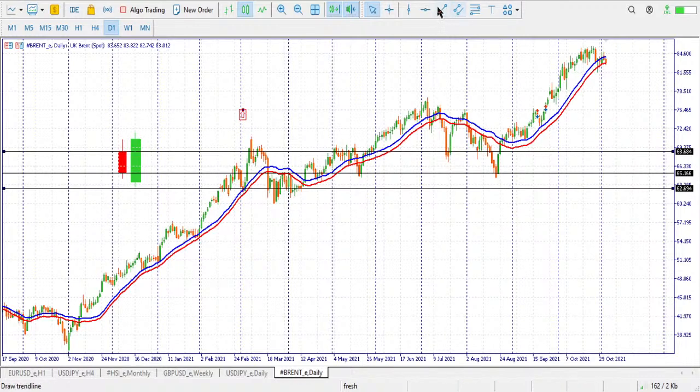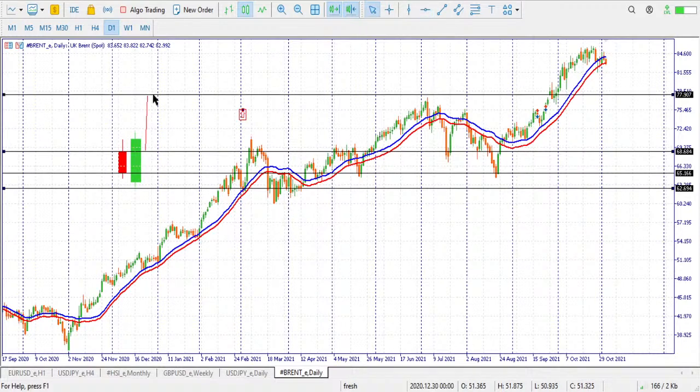So for example, for the first one, let me draw the size of the green candle. That's the size of it. If you enter a trade here, your take profit needs to be at least here. At least there. So I'll also make this dotted so that we're able to see exactly what I'm referring to.